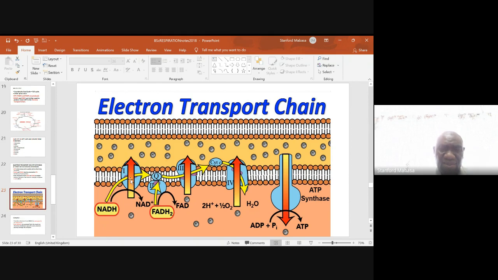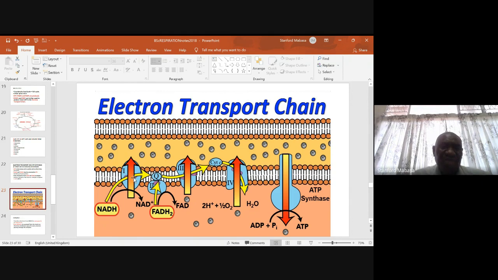As the electron crosses this complex, hydrogen ions are pumped upwards.